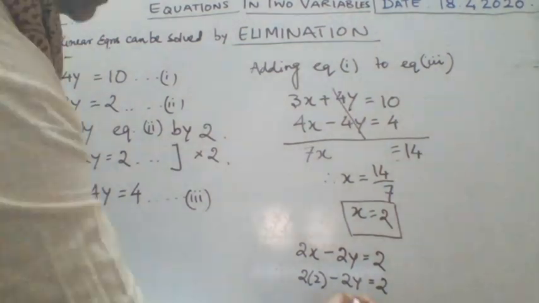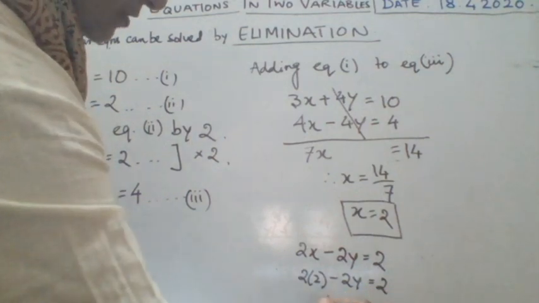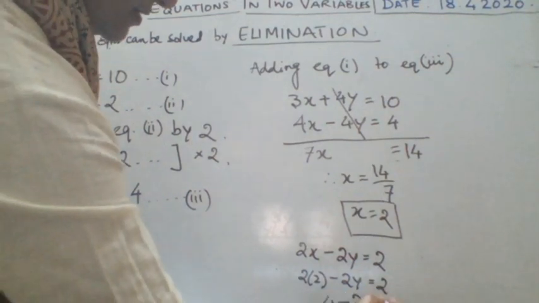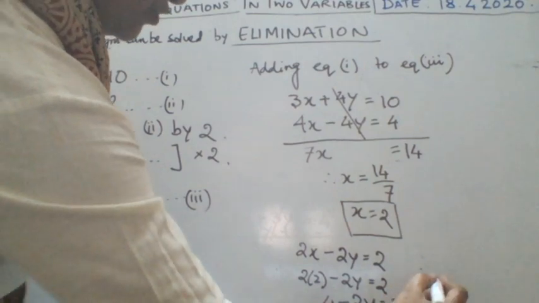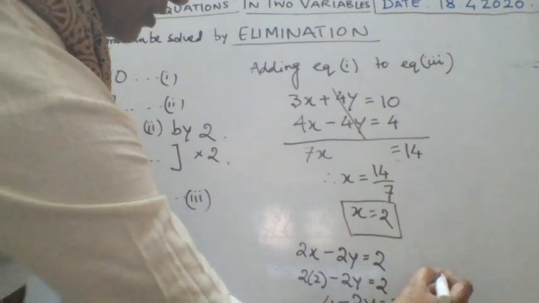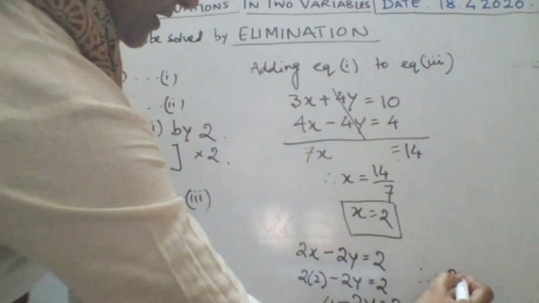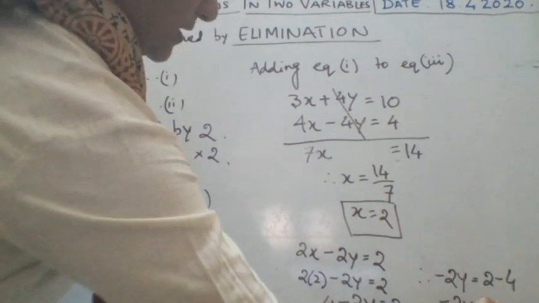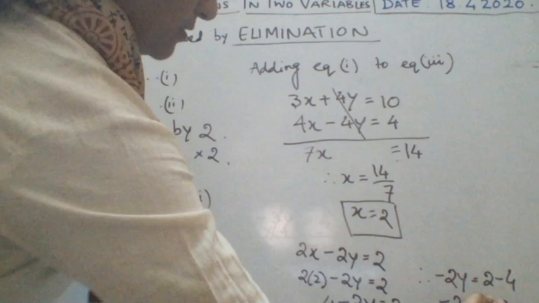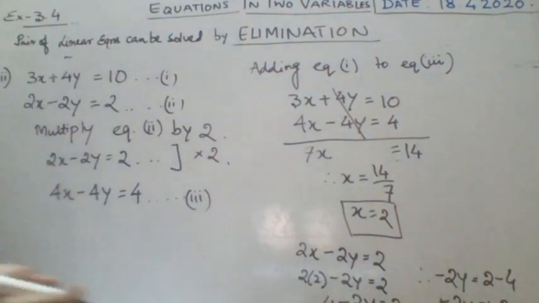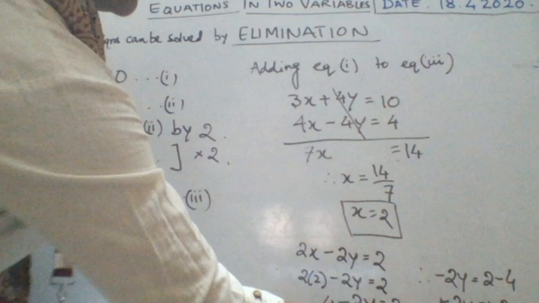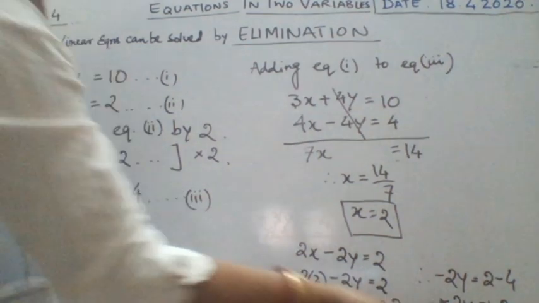So this is 4 minus 2y equal to 2. Therefore, minus 2y equal to 2 minus 4. So, minus 2y equal to minus 2. Minus and minus get cancelled. Y is equal to 2 upon 2, that is 1.